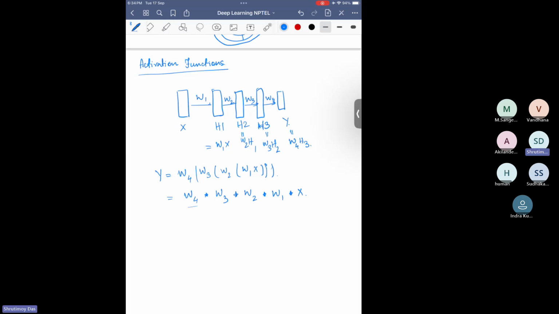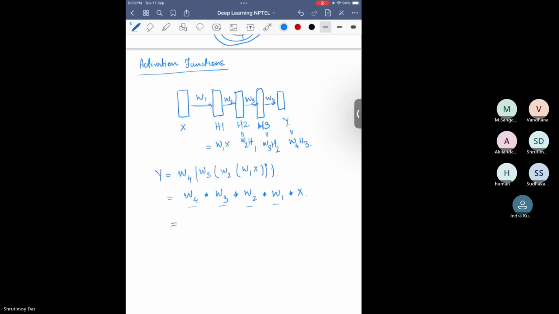Now this is a matrix, this is a matrix, this is a matrix, this is a matrix. And if you don't have any nonlinearity here, you only have weight matrices that we want to multiply with the input. So that whole output can be written as a product of these matrices and X. The product of your matrices is basically another matrix.